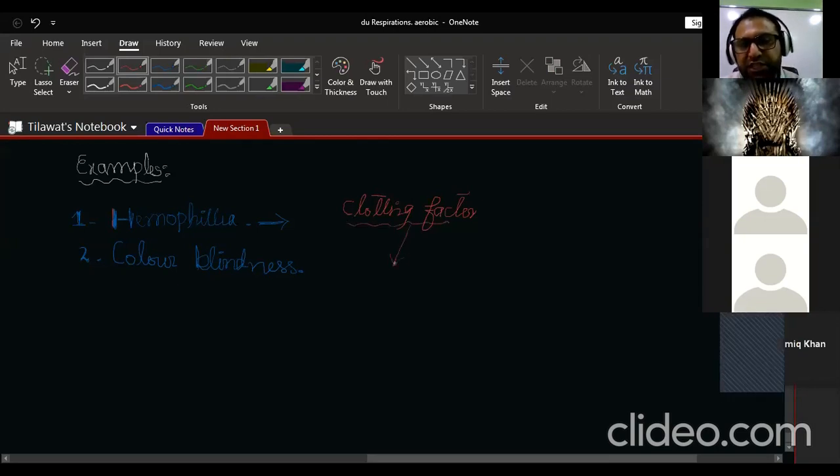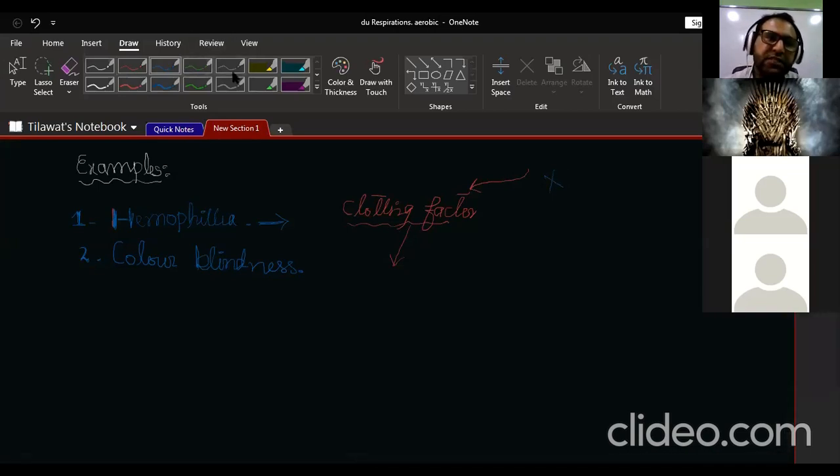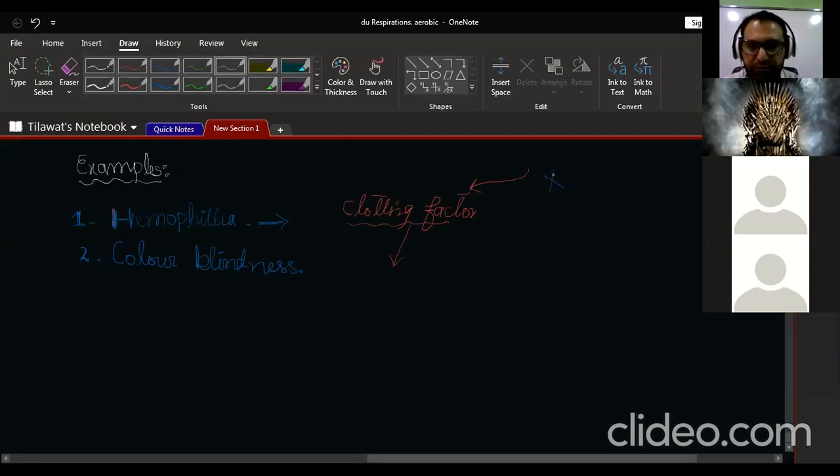And if there is a gene mutation in that protein, it is unable to do blood clotting. So from a very minor injury, blood will not stop. So that condition is hemophilia. The gene for this clotting factor is present on X chromosome, right?